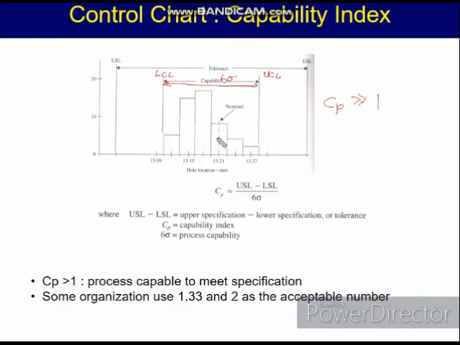However, if the center of the process is skewed to one side, for example the nominal value of your process is somewhere here, which is not at the center of the specification limits, then the Cp value does not represent the capability of the process itself. For that case, we need another capability index called Cpk. We're going to cover Cpk later on in this lecture.